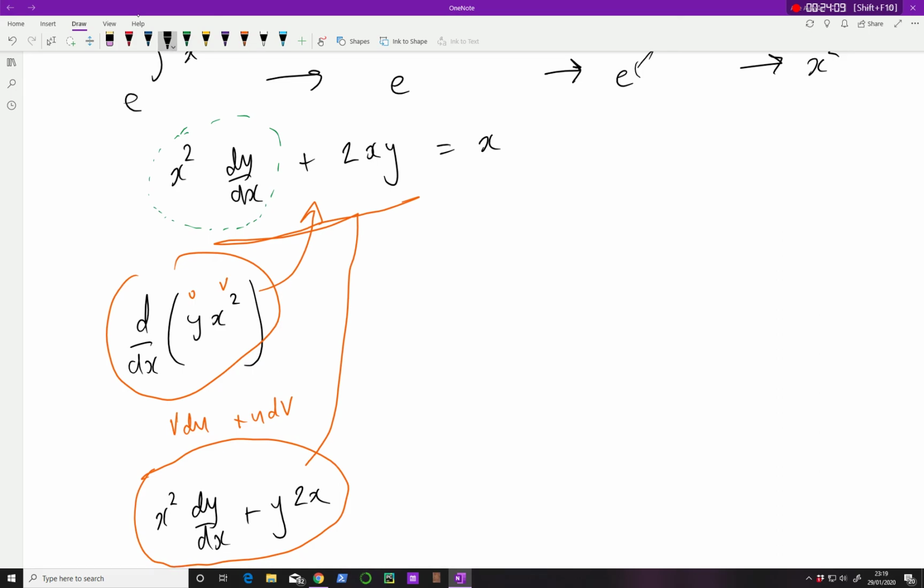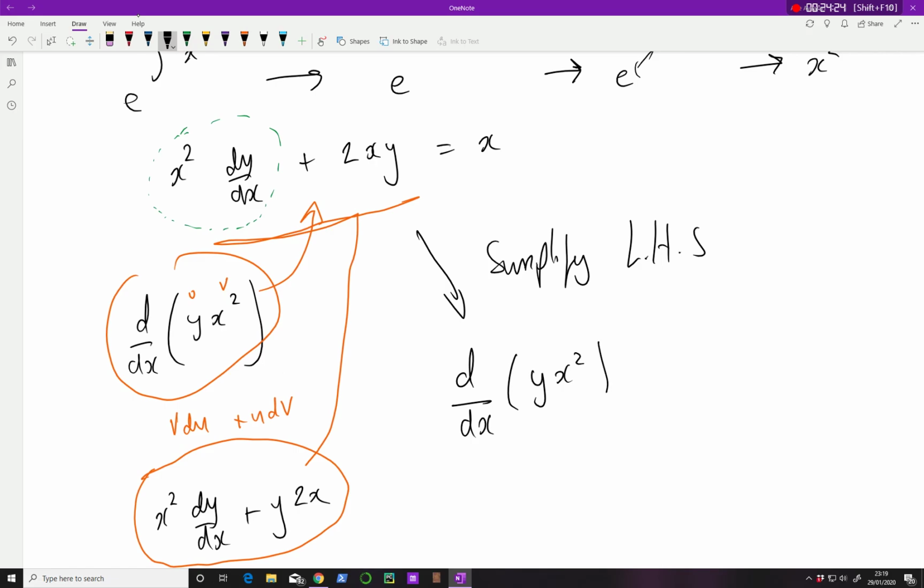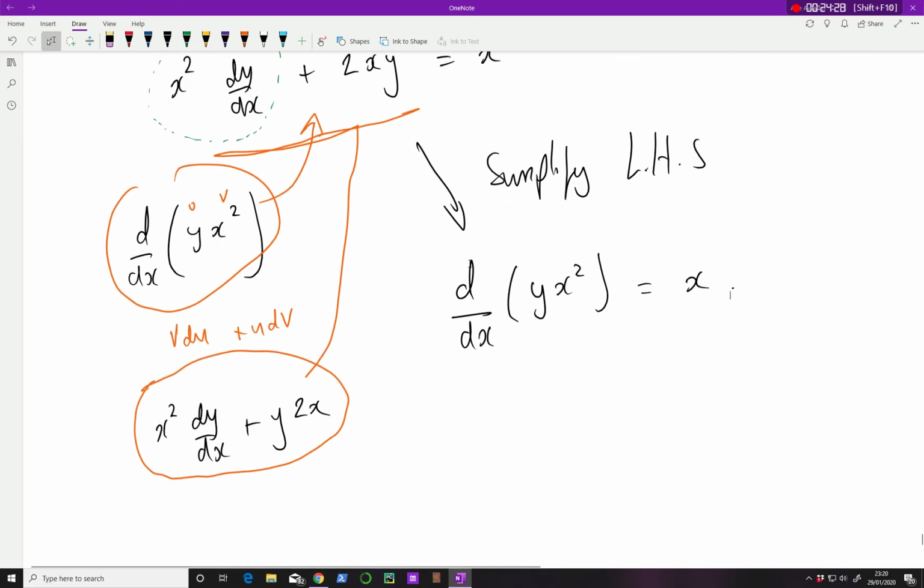So I can simplify the left-hand side to get d by dx of y x squared equals x. Now this here is its own little function. You shouldn't touch that.